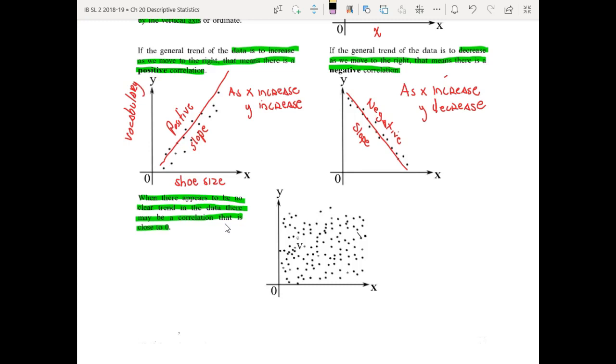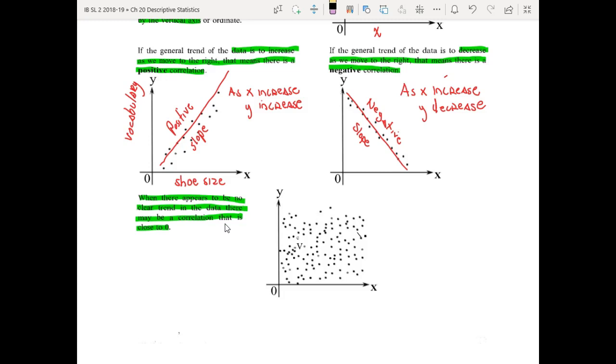Chances are if we plotted people's shoe size and the breadth or the depth of their vocabulary, for each of your years, your shoe size and somehow you tested your vocabulary, it could appear that there's a positive correlation between the two.